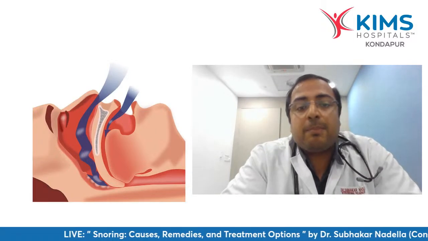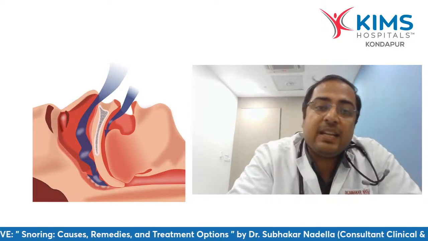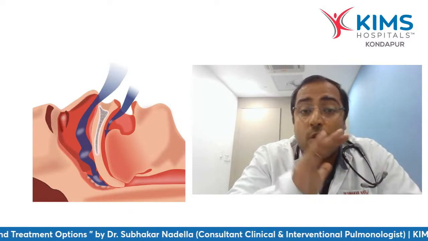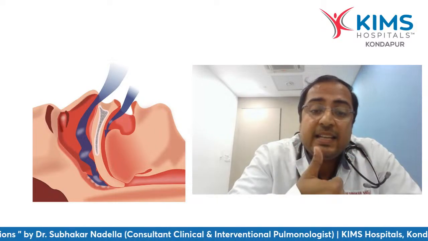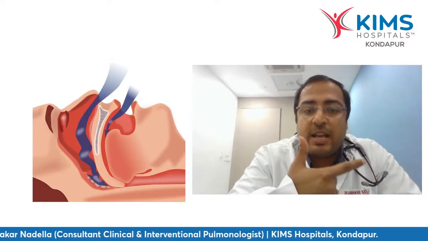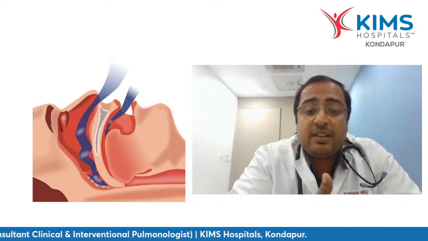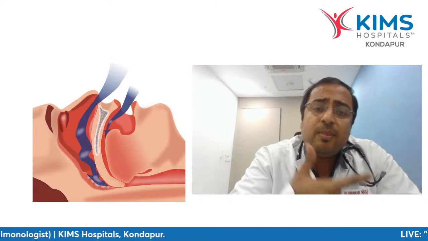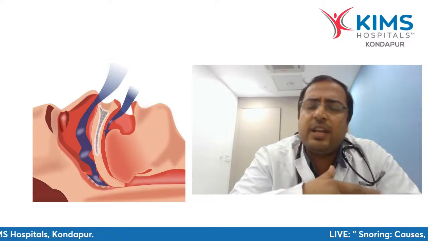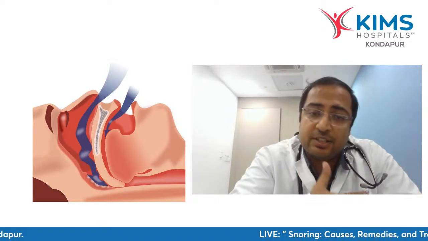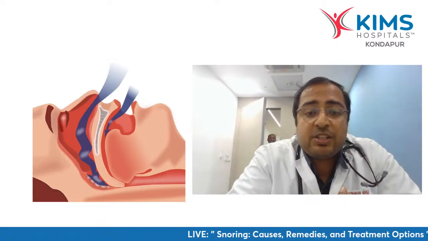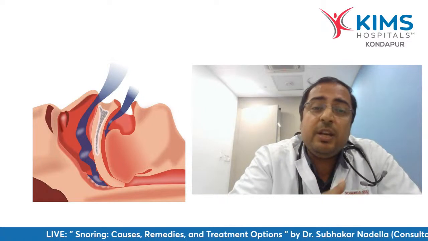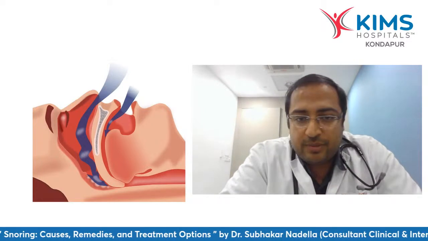For a patient in the mild category, we can say nothing needs to be done, unless the patient has symptoms, which I'm going to explain in a few minutes. With symptoms, the condition has to be addressed. Patients with a moderate or severe apnea hypopnea index we need to address at any cost.